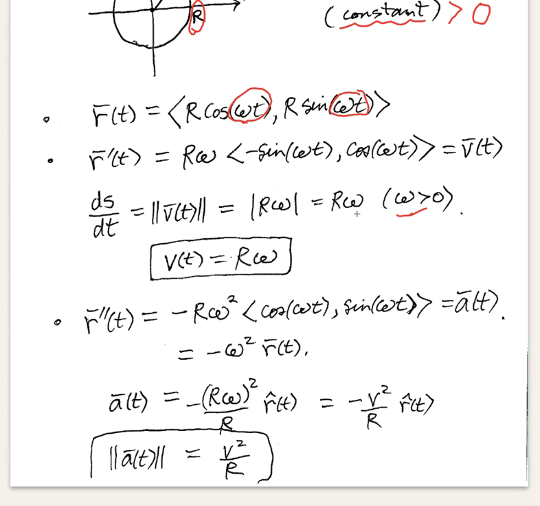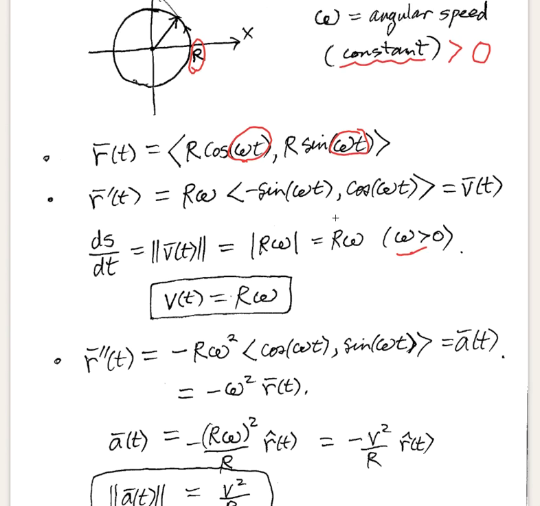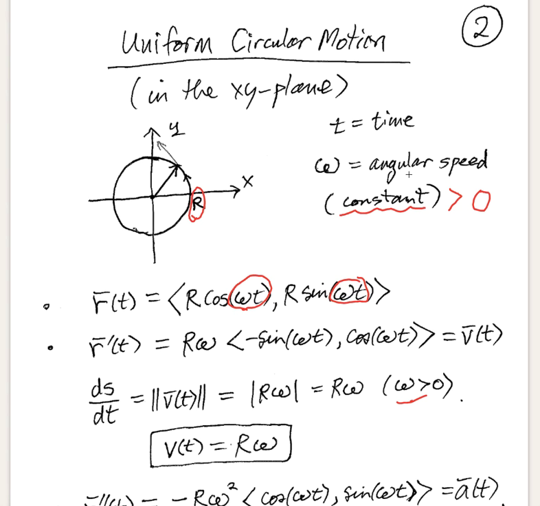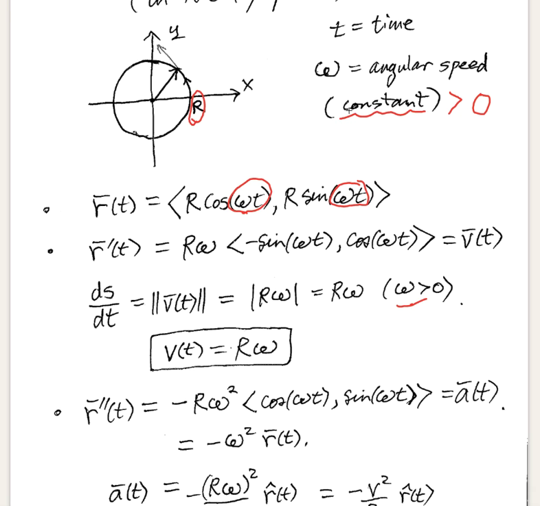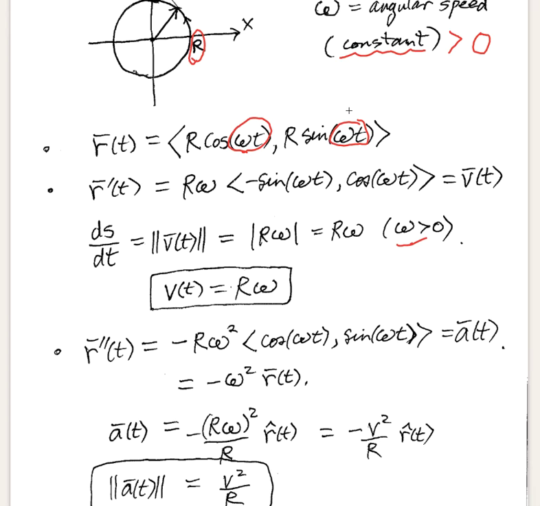You can see that's constant, because capital R is fixed and little omega is also a fixed constant. So it's moving at a constant speed. In uniform circular motion, we said originally we were talking about fixed angular speed, but that also corresponds to a fixed actual speed along the curve.